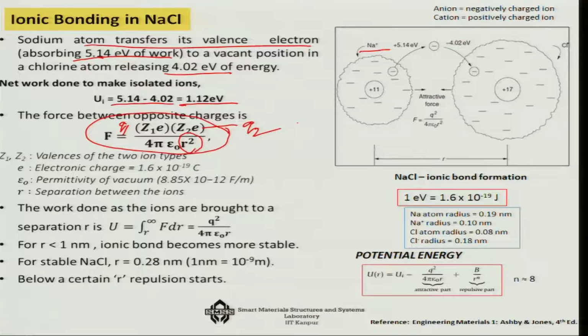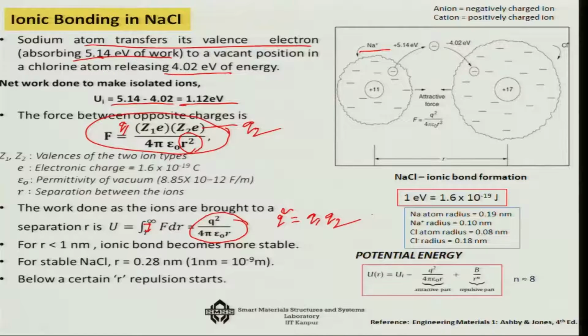Now you can also calculate the work done for bringing them from infinity to r by integrating this force F with the distance dr for each unit advancement of dr. If you integrate that you will get q square over 4 pi epsilon 0 r, where this q square is nothing but q1 times q2.